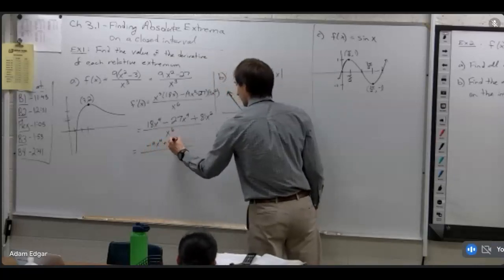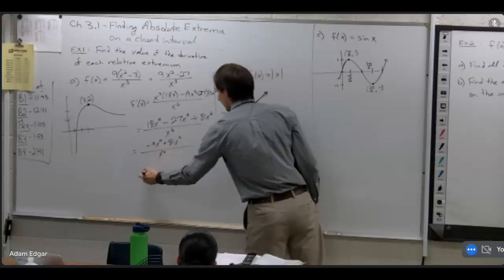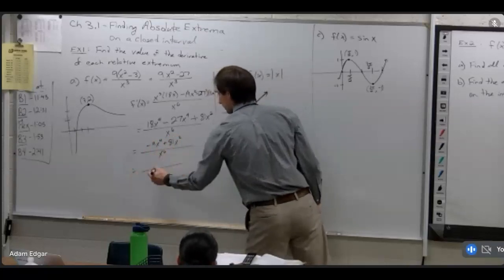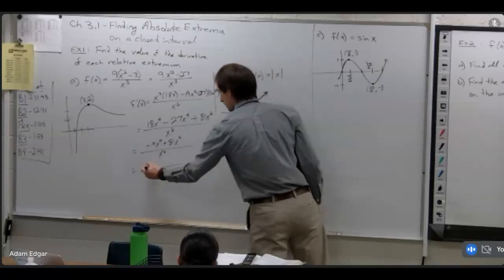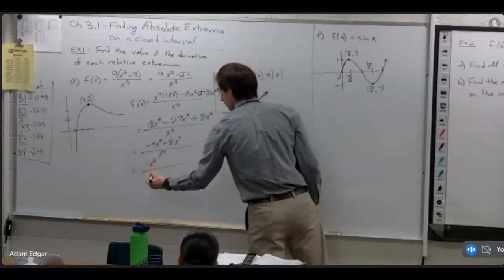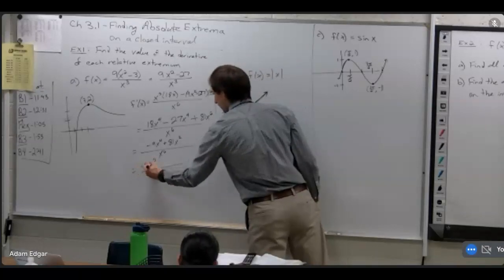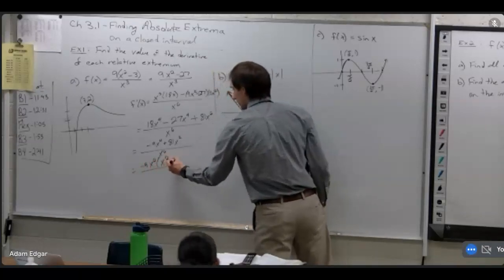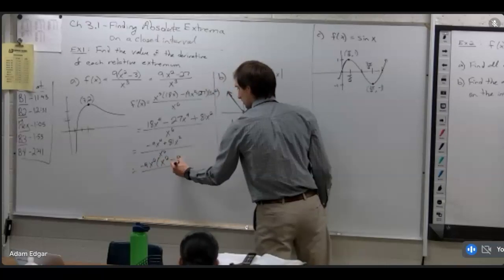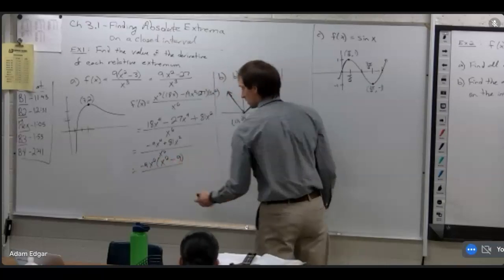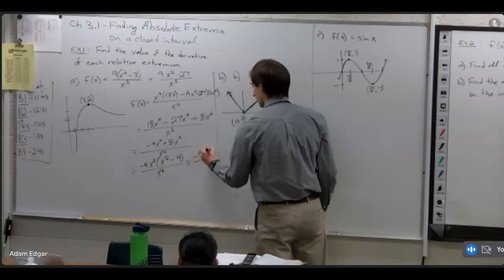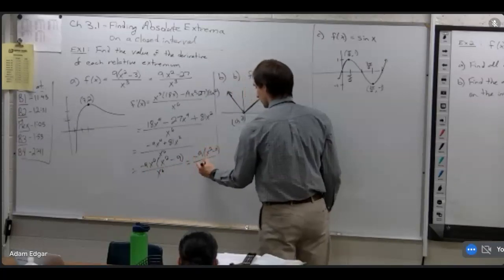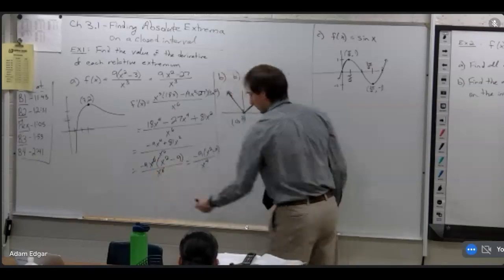How do you pull out a 27? Can't do simple math. Okay. So then what can you pull out? An x squared and what else? 9. So take out a negative 9. That leaves you x squared minus 9, right? Over x to the sixth. And then you reduce it and you get negative 9 times x squared minus 9 over x to the fourth, right? Because you can cancel out some of these x's.